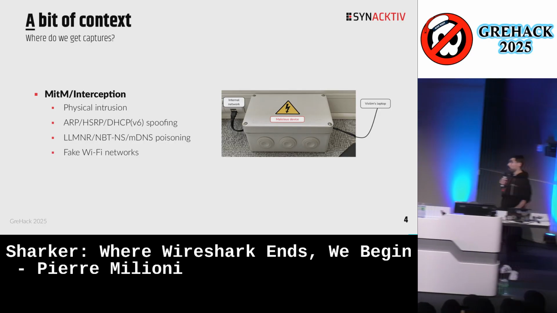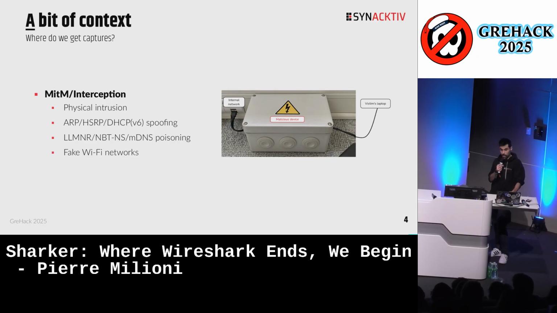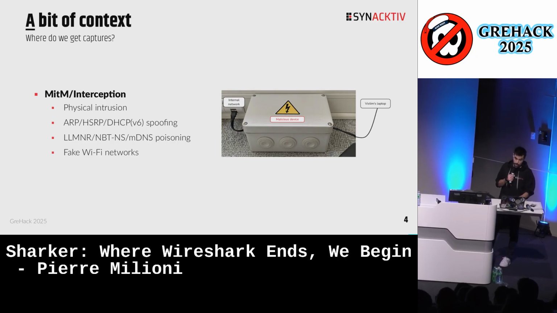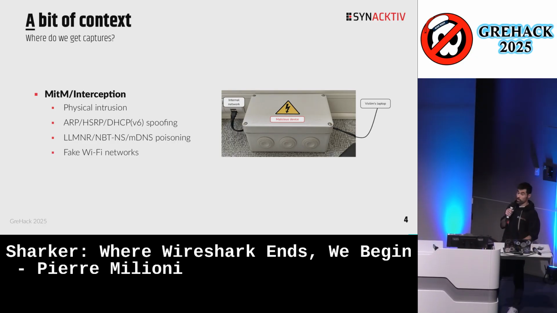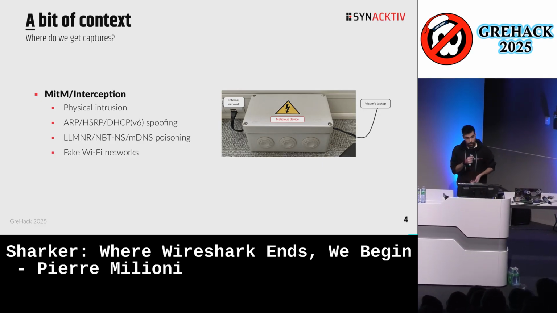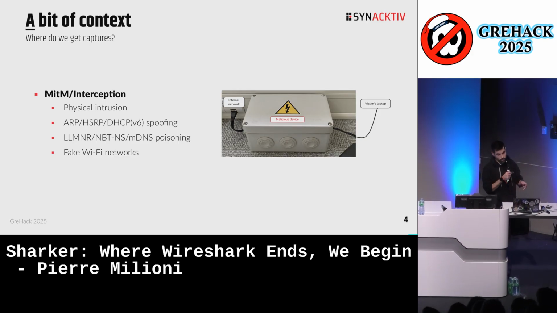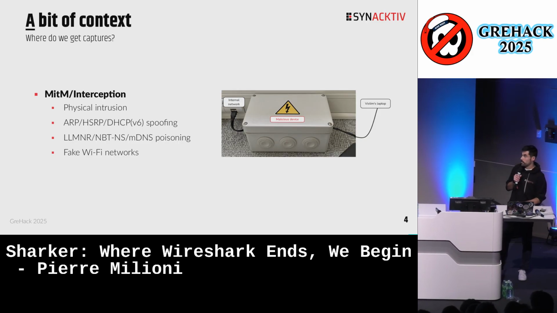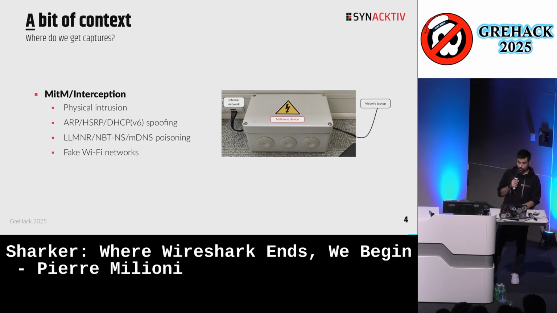That way, you are able to sniff the traffic going to the internal network. You can also abuse protocols such as ARP, HSRP, or DHCP, pretending to be the router, and so on. That way, you retrieve a lot of traffic.